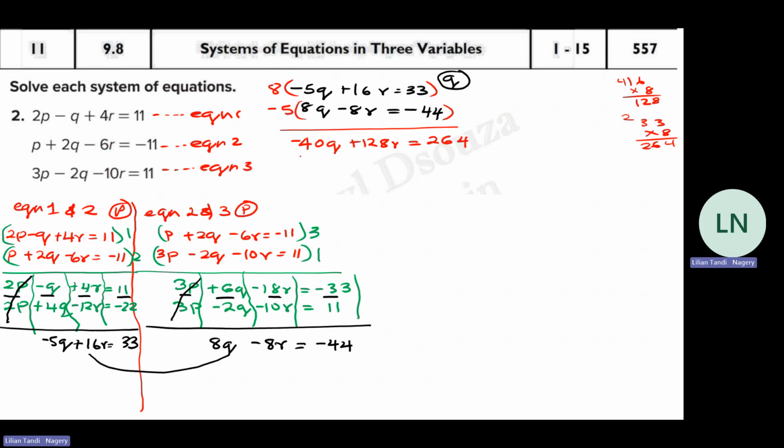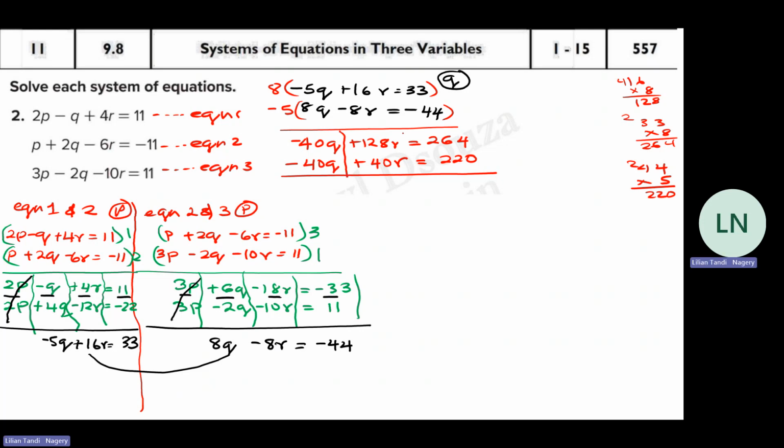Okay. This one should be negative 40Q. This should be positive 40R. And this should be 220, if I am not wrong. 44 times 5, 20 carry 2, 220. So, okay.